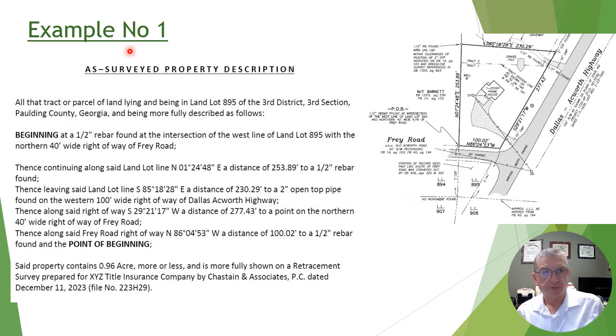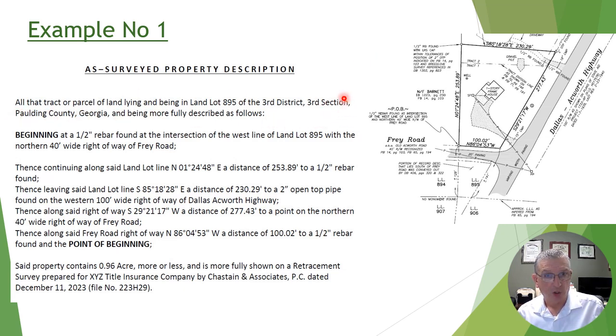So the legal description here is the title. This is an as surveyed property description. This is not a special font. I just put a space between every character. I picked this up from a very experienced closing attorney on Linux a few years ago, and I've liked it and kept it.